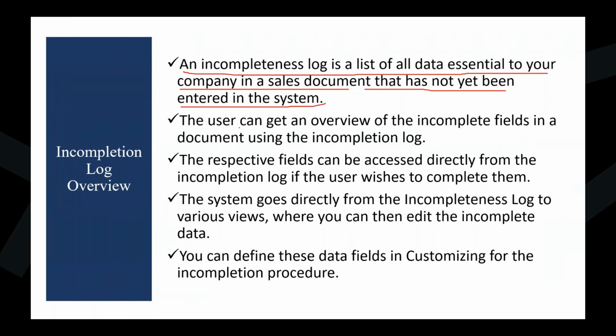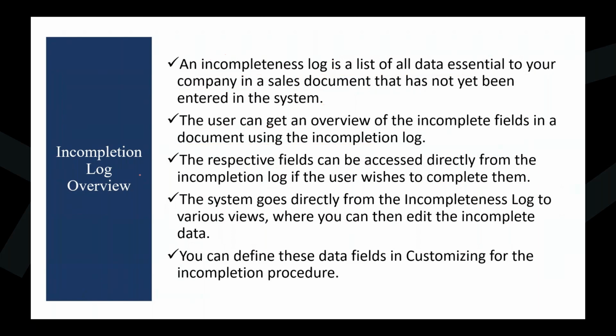Suppose the user is creating a sales document and he forgot to enter some data. Then the system should inform him what data he forgot to enter. That information comes through the incompletion log. The user can get an overview of the incomplete fields in a document using the incompletion log.